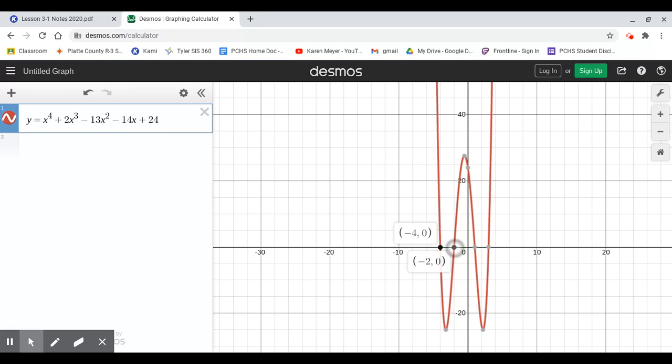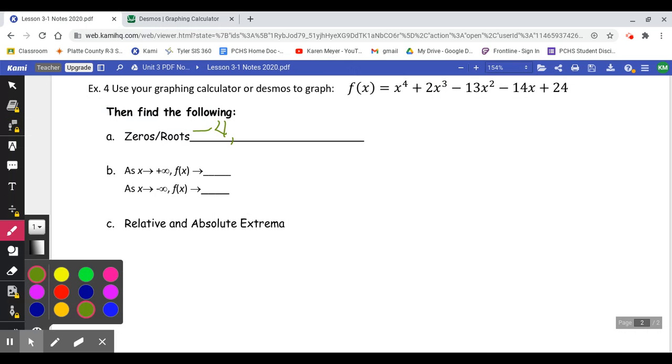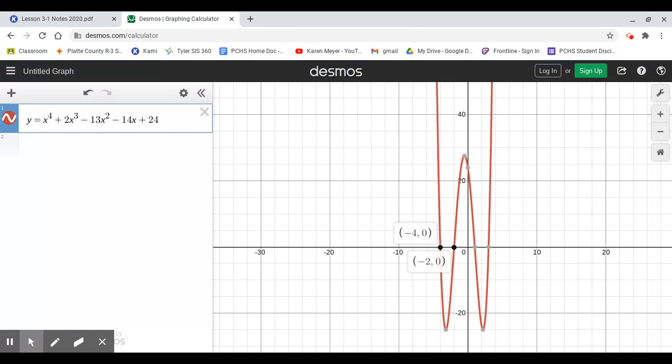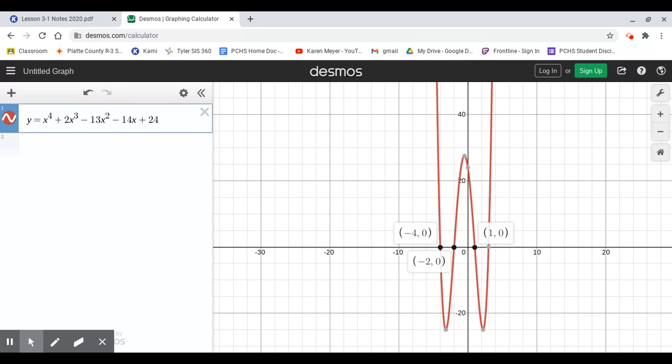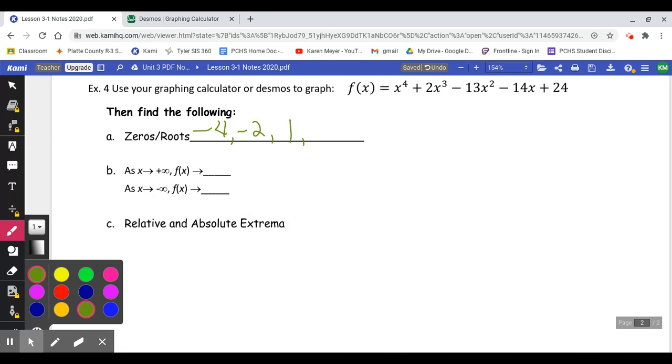Go to the next one, which is -2, 0. So -2. Then we're over at 1, 0, which is 1. And the last x-intercept is at 3, 0.